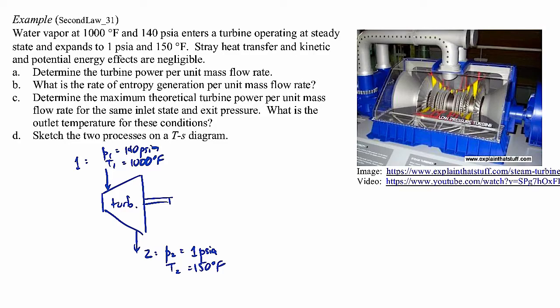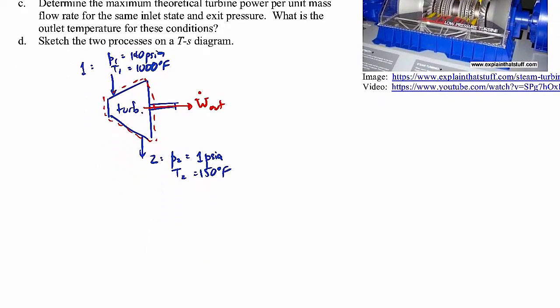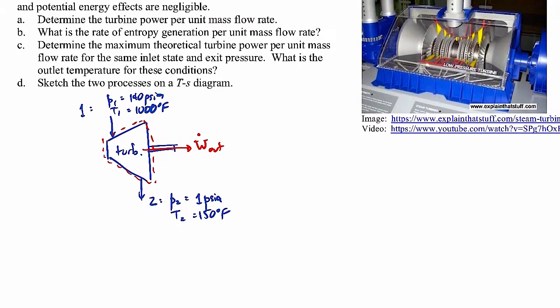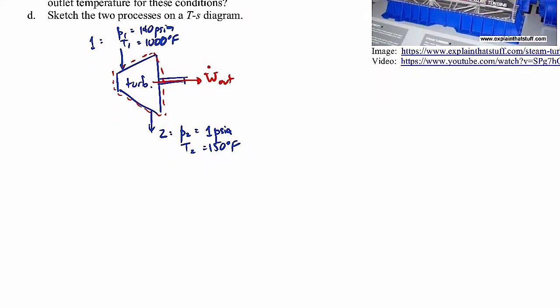So what we're going to do is draw a control volume surrounding this turbine. Here's the power coming out. And we're going to apply the first law to that. Remember, what we're trying to find here is the power per unit mass flow rate. So this is a first law analysis.